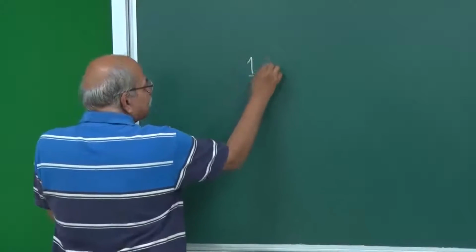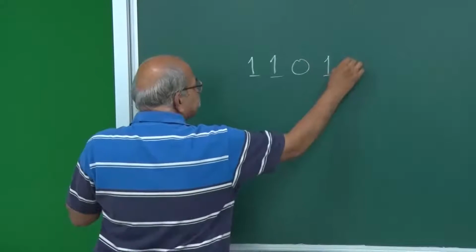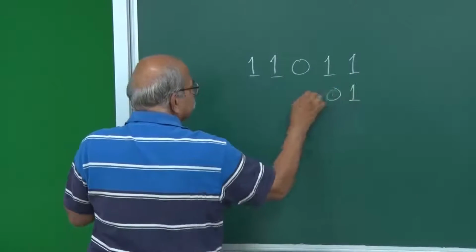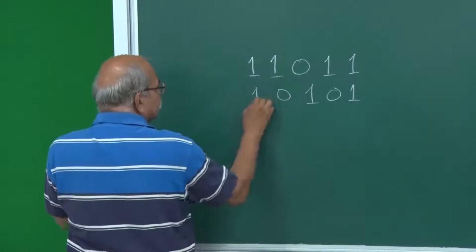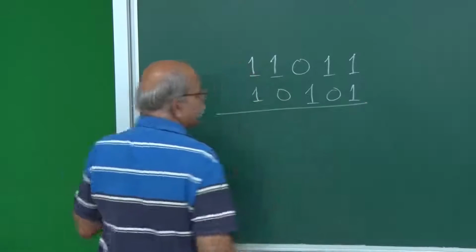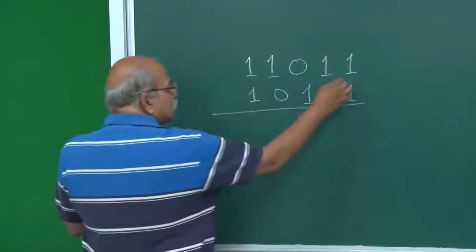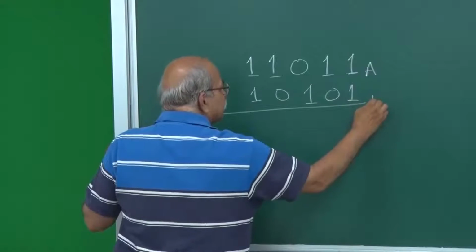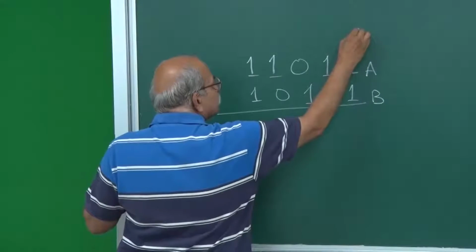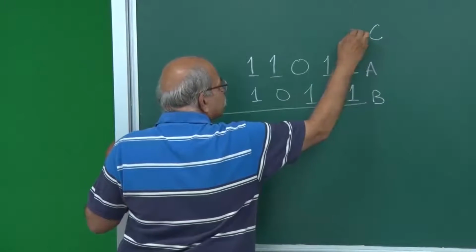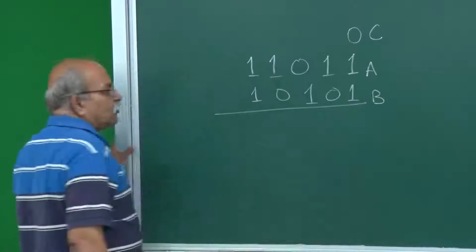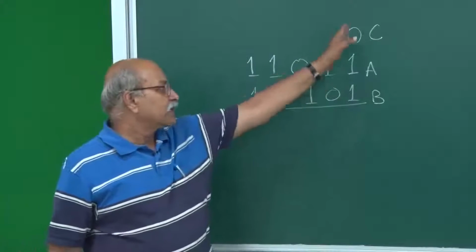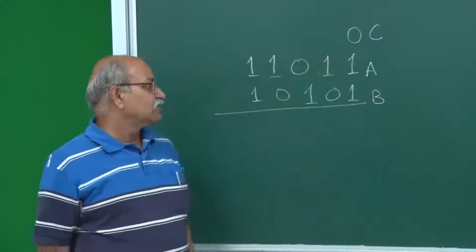So, let us say we have some number here, and we have to add. So, let us call this A, let us call this B, and this is our carry. So, the initial carry is always 0. Once you are in the rightmost position, the initial carry is always 0.